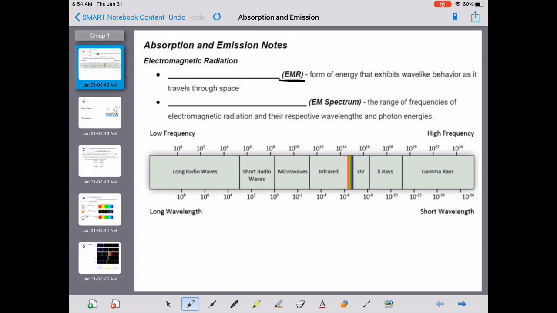And you've probably seen before the electromagnetic spectrum, which shows all the different types of electromagnetic radiation ordered by their wavelengths and frequencies.